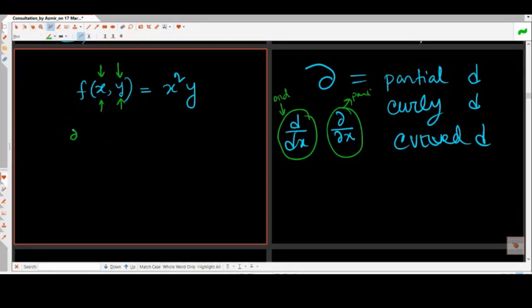If we try to find the first order derivatives, then it will be df/dx and df/dy. That means we are differentiating f, where the function f is x squared y.